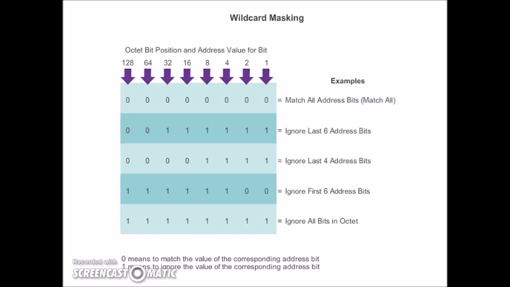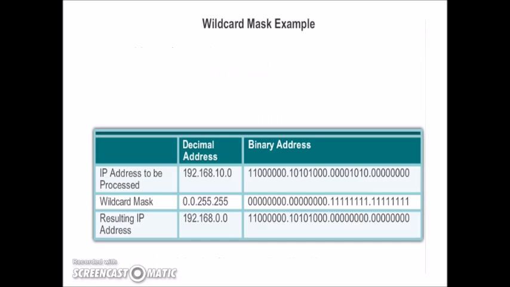Subnet masks use binary ones and zeros to identify the network, subnet, and host portions of an IP address. Wildcard masks use binary ones and zeros to filter individual IP addresses or groups of IP addresses to permit or deny access to resources. Wildcard mask bit 0 matches the corresponding bit value in the address. Wildcard mask bit 1 ignores the corresponding bit value in the address.